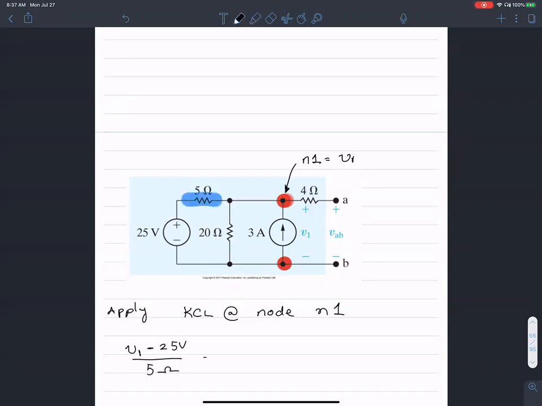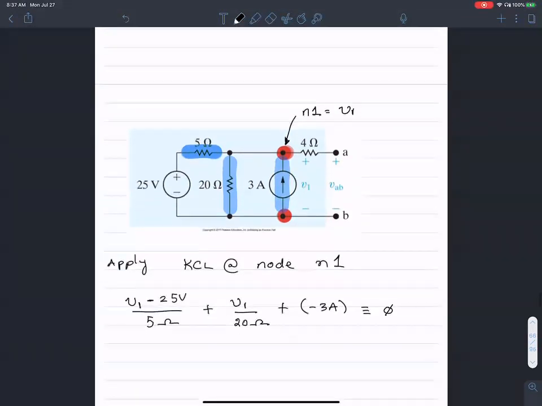Plus, there is a current leaving down this branch, which is going to be V1 over 20 ohms, plus the current leaving this branch, which is negative 3 amperes. All of that should equal 0.